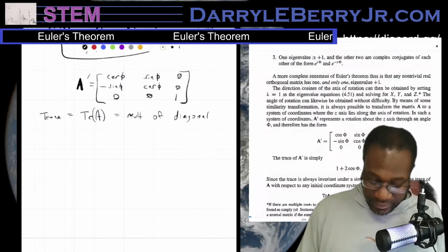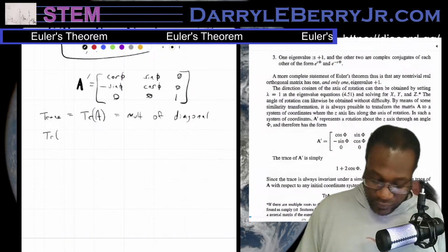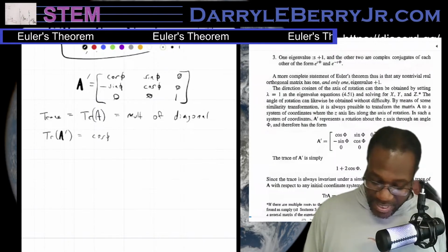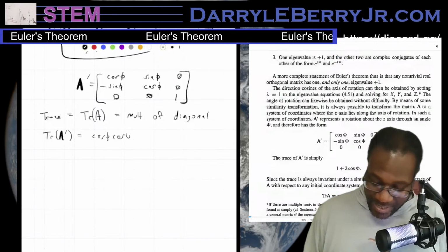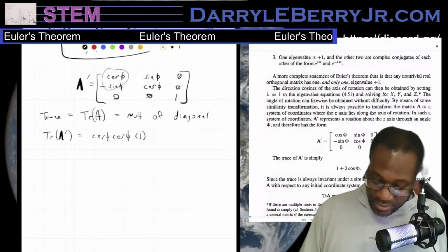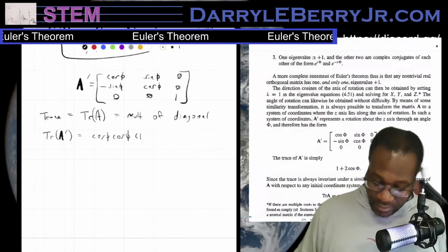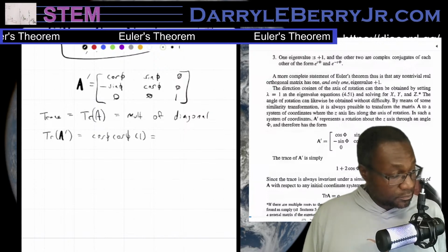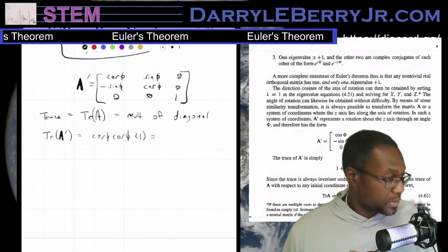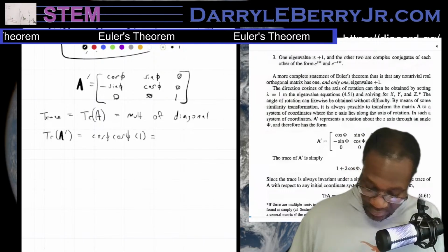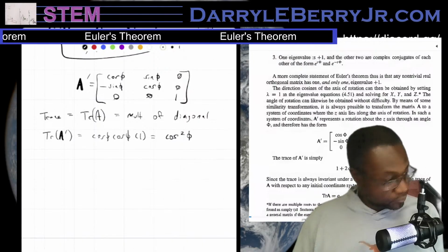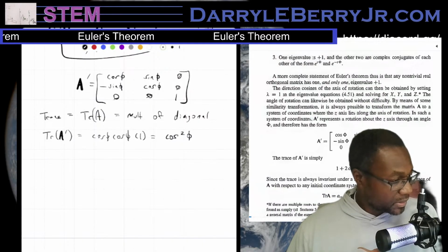That means the trace of this A matrix is going to be cosine phi, 1, because these are in the diagonal right there. And why do they have 1 plus? They're using these trigonometric identities. So you have cosine squared phi. And how did it get?